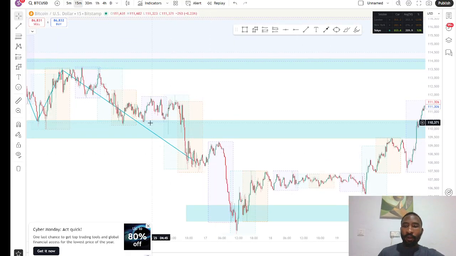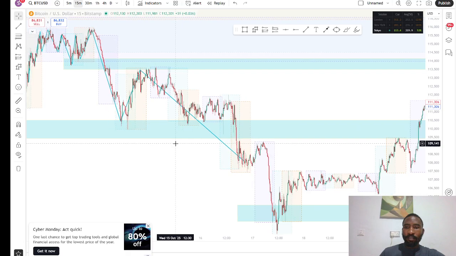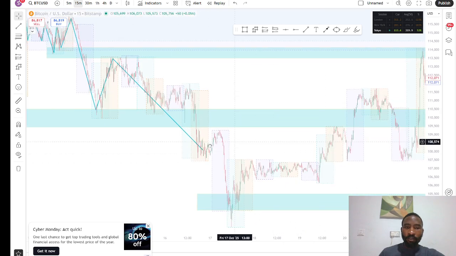Then another area of interest that I draw here, because we have this previous low, and then the market got broken. Look at what happened here.